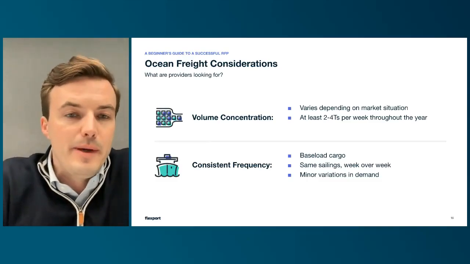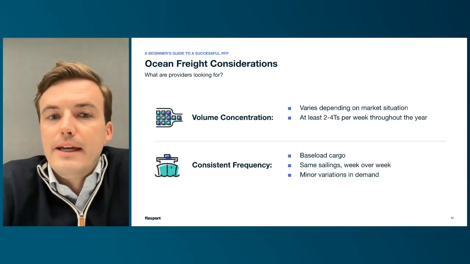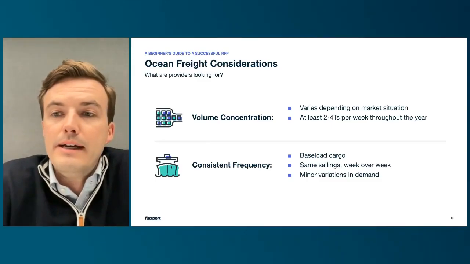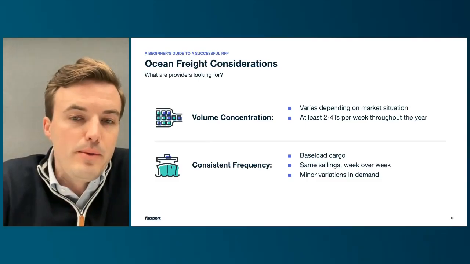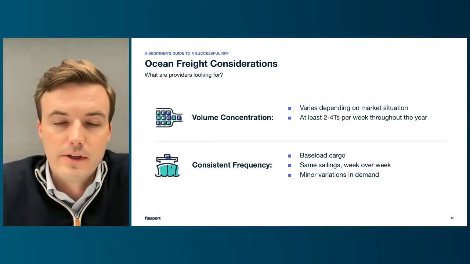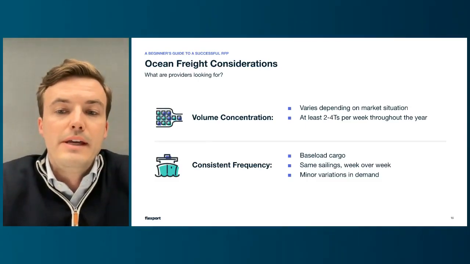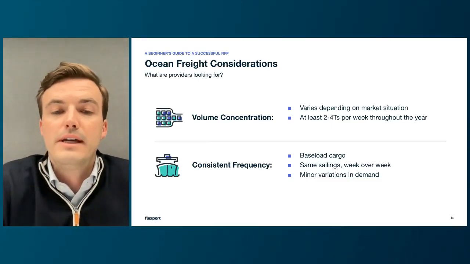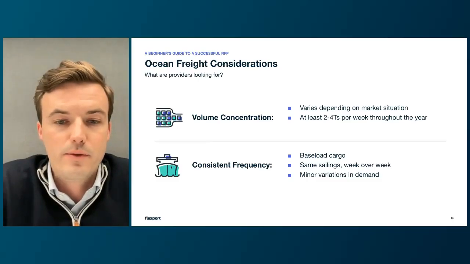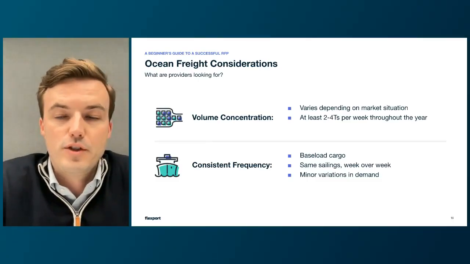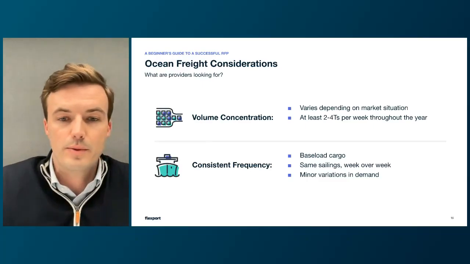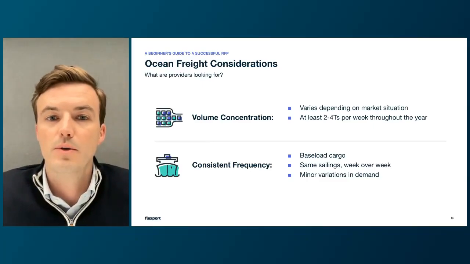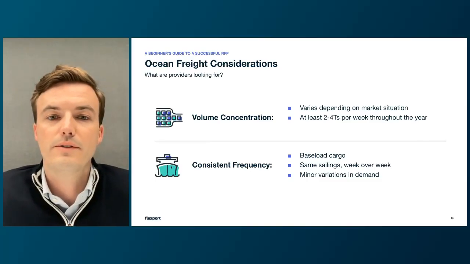Okay, and then thinking about this from the ocean freight, from the carrier side of things, what are they looking for? From a volume standpoint, this really changes year over year, depending on the market situation. In years where the market is expected to be extremely strong, carriers might have a higher requirement for how much space they are willing to fix. In years with softer predictions for the market, there might be slightly lower thresholds for what they're willing to fix.